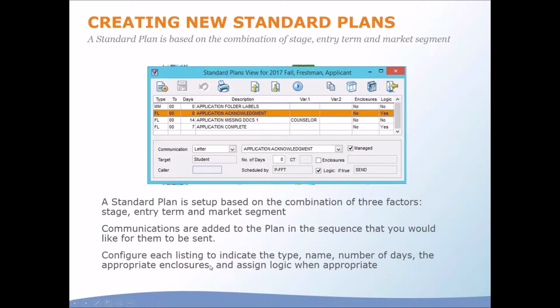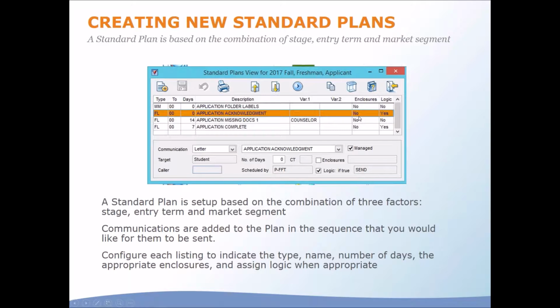The appropriate enclosures. Don't see any enclosures for any of these communications, but that's quite possible. And an enclosure is something like a view book or a packet of information that you're sending them. It indicates that you're enclosing it in a larger envelope or something to that degree. And then the last piece that is appropriate to remember is that you can apply logic to the communication.